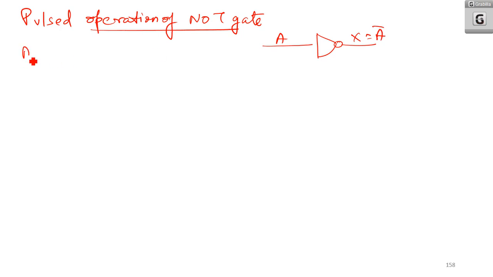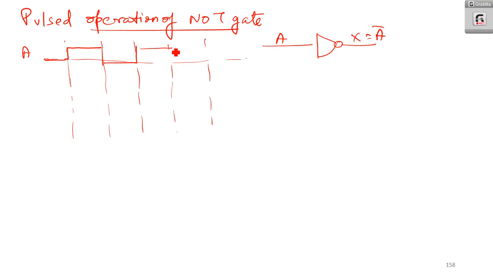Suppose the pulse train of A, so let it show for 5 time instances. So this is 0, then it has 1, 0, 1, 0, 1. So this is T1, T2, T3, T4 and T5.